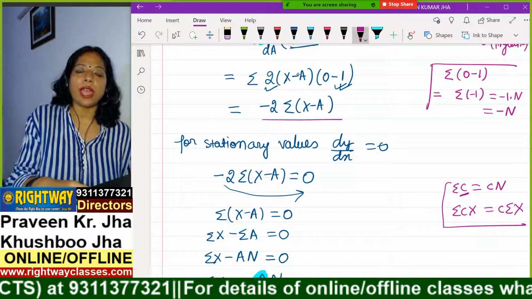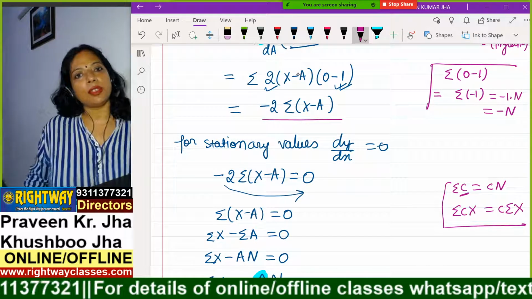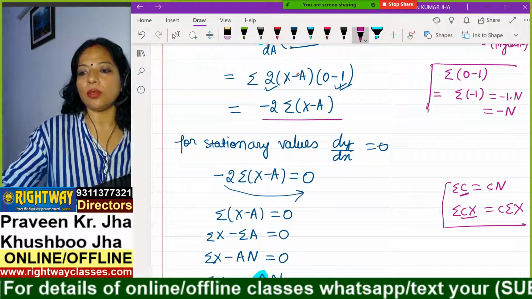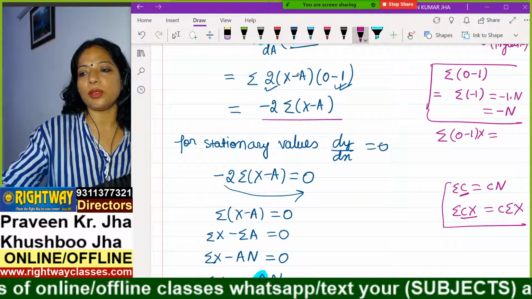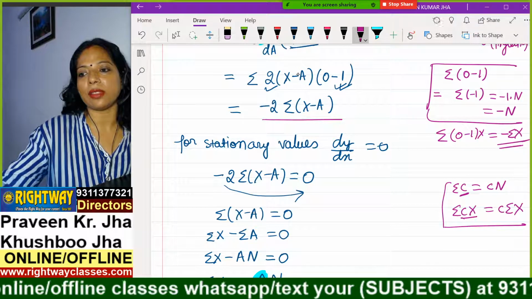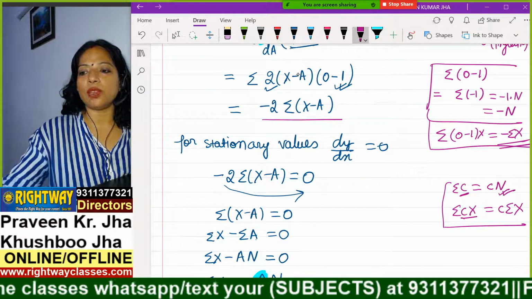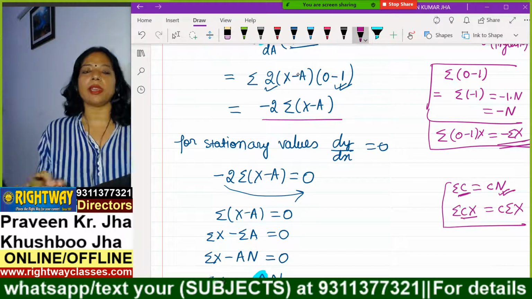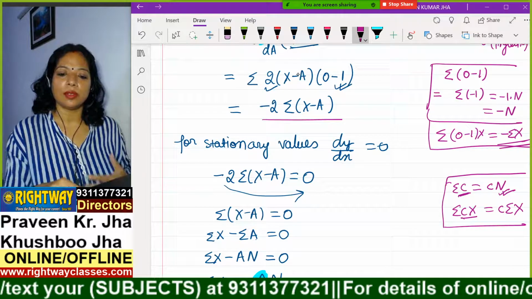If a certain x was there, we couldn't do this. We can do this only if it is a constant. Suppose there was summation of 0 minus 1 into x, we would have written minus summation x, that's it. We can't write it into n. N is multiplied only if there is no variable, like no x, no y. Okay? Any other doubt?